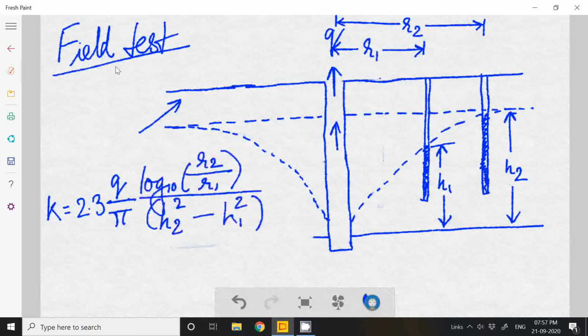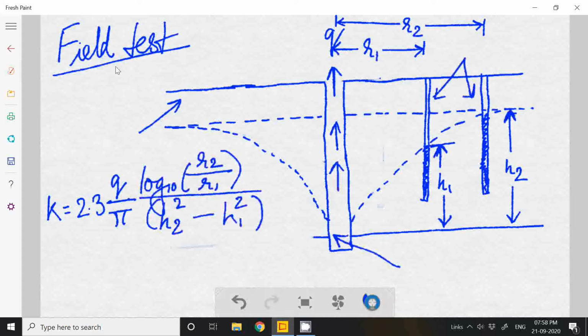So you will construct the observation wells. These are the two observation wells at distances of r1 and r2 from the center of the main well. This one is the main well. When you are pumping out water at a constant rate Q, there will be depressions, and you will see h1 and h2 in the two observation wells.